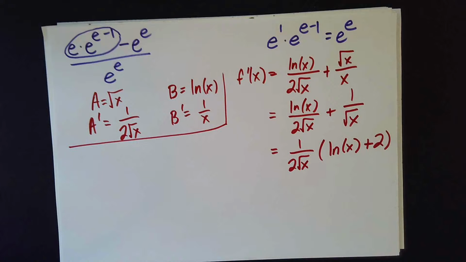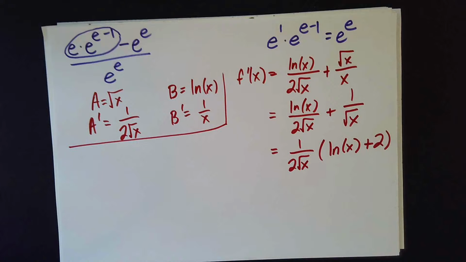From this second one, the way I wrote it? Sure. So if we did it this way, we'd have a is 1 over 2 root x, b is the natural log of x plus 2.